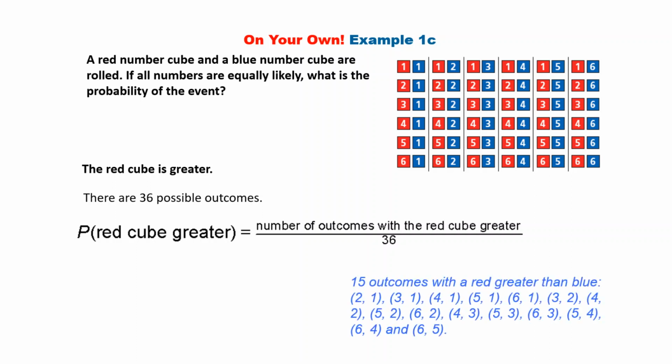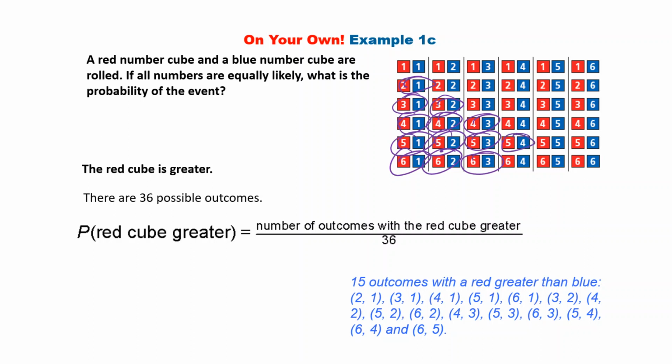And so those are, there's quite a few of them, 2, 1, 3, 1, 4, 1, 5, 1, 6, 1. And then 3, 2, 4, 2, 5, 2, and 6, 2. And then 4, 3, 5, 3, 6, 3.